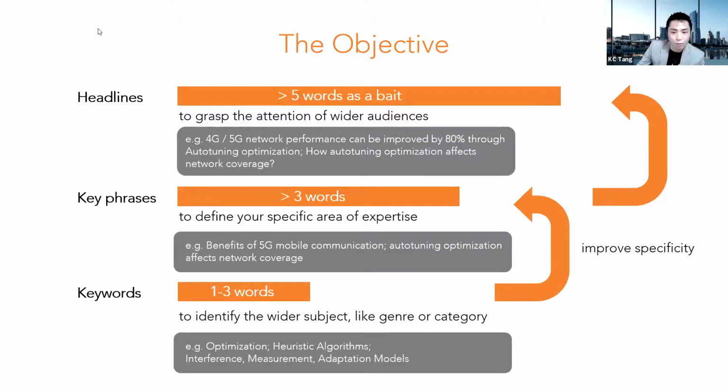I do run a more in-depth session on this part, how we dissect different headlines, in the latest social media workshop as well. So this is the general idea: having keywords, changing them to key phrases, and from there you tweak them up into headlines.